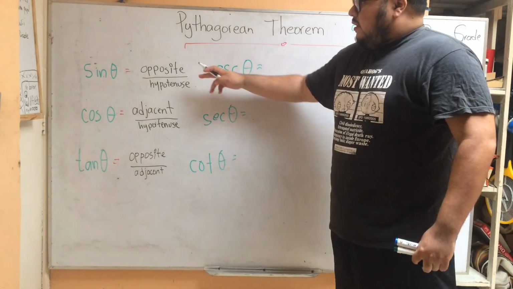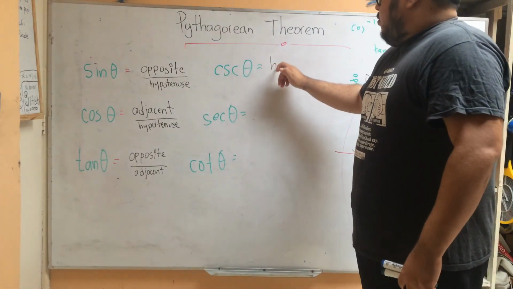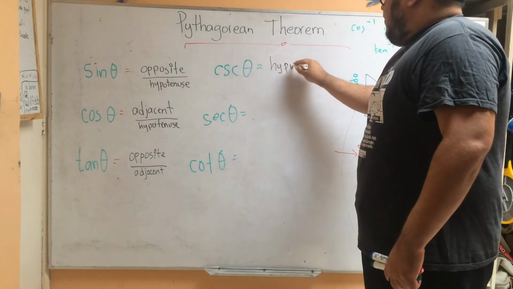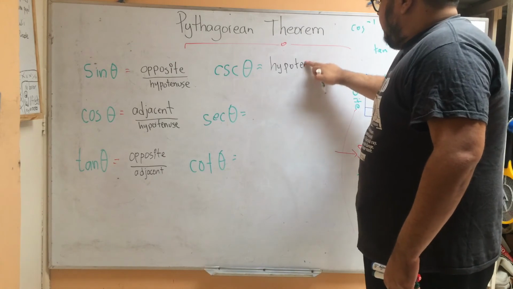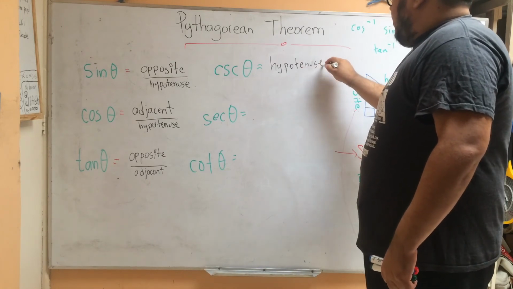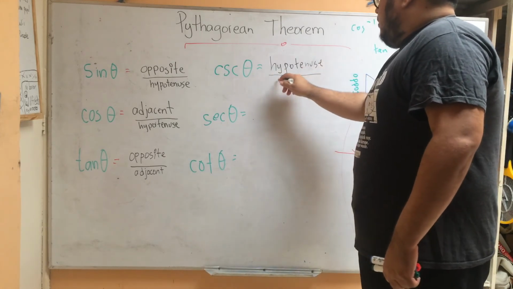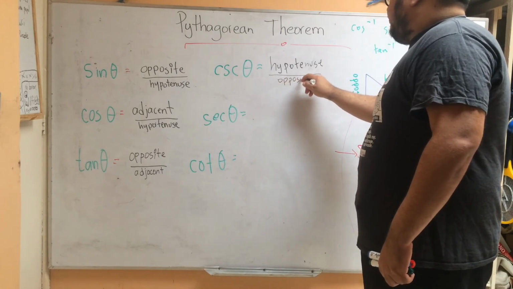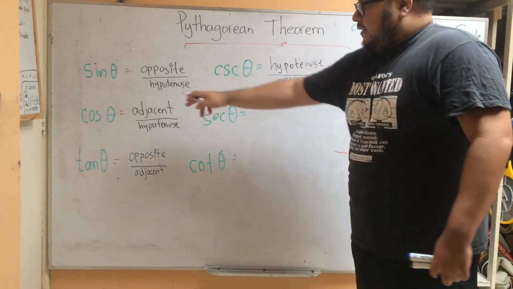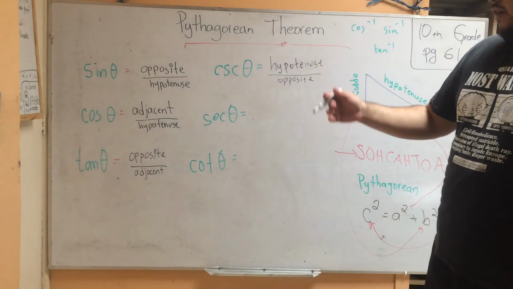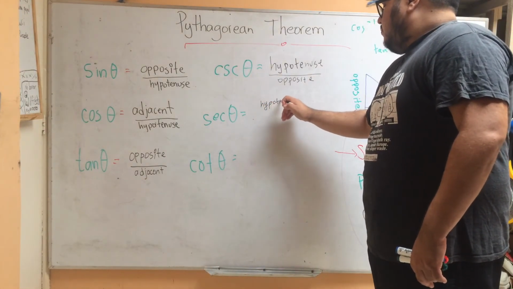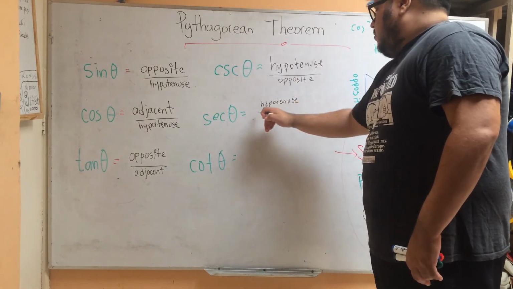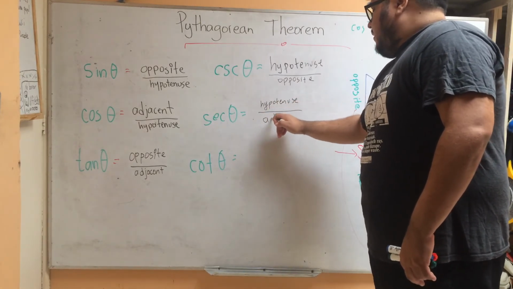So instead of having opposite over hypotenuse, we're going to have hypotenuse over opposite. The secant is the opposite of cosine, so that means that we have hypotenuse over adjacent.